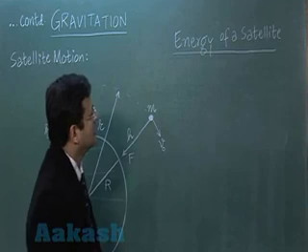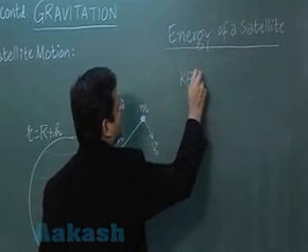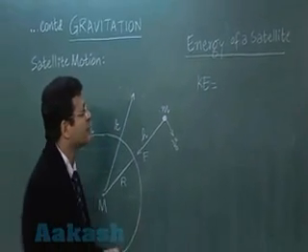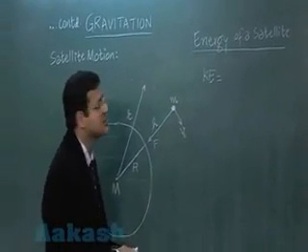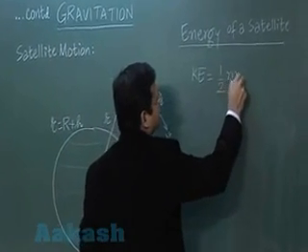Now if you talk about kinetic energy, then you have seen that the expression half mv square is always there. For kinetic energy, no other variations. So this will be written as half mv square.